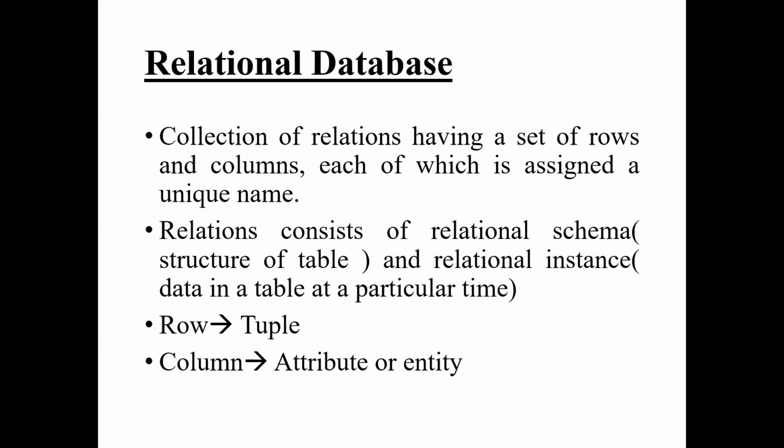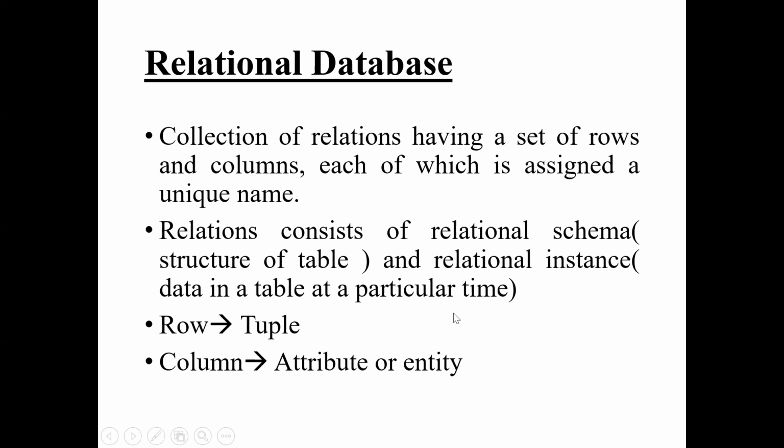A relation consists of a relational schema. The word schema is for the structure of the table. It is a technical term related to database management itself. Then there is a relational instance. Instance means the data. Schema is the structure of that particular table, and instance is whatever data is in it.